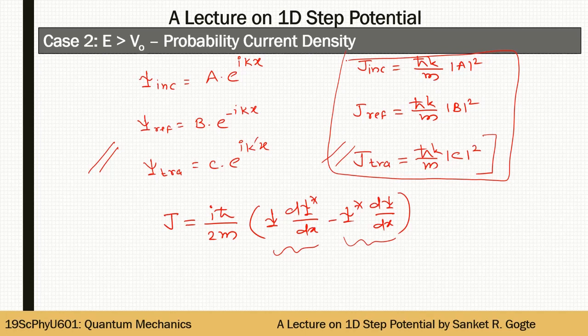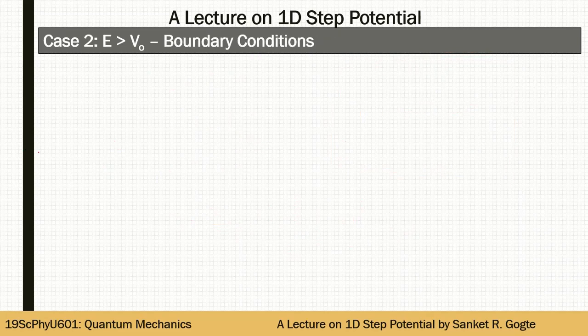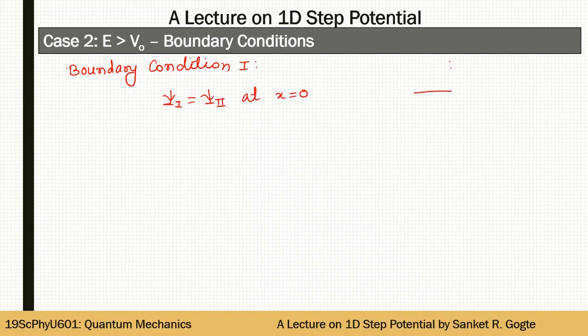For that, we of course have to consider the boundary conditions first. What is the first boundary condition? Condition 1 is that the wave function in region 1 should be the same as the wave function in region 2 at x is equal to 0. At the boundary of the potential step, both these wave functions should match.